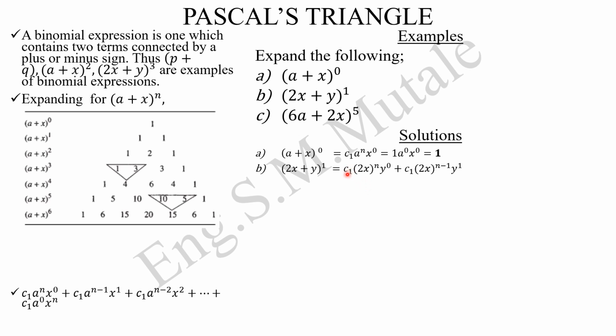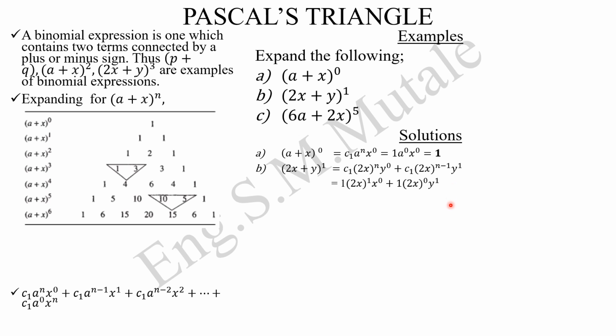So the first coefficient there is a 1. This 2x to the power n, our n is 1, like that. y is starting with a 0, which is that one there. Then the second coefficient is also a 1. This first term is now reducing from 1, becomes a 0. And this one was a 0, it will become a 1, which is that one there.